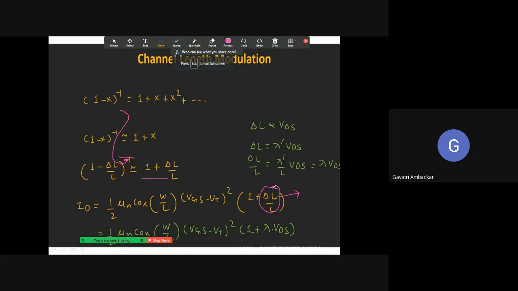Because delta L is proportional to VDS, I will write this delta L by L as lambda times VDS. Means it is a function of VDS. The lambda is called the modulation parameter.